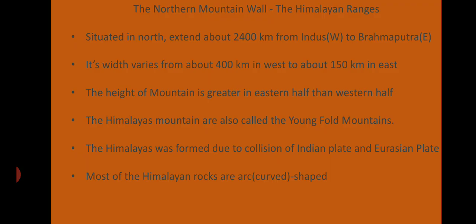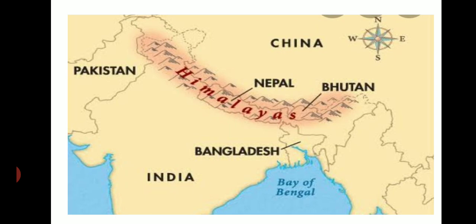Now, first of all, some basic features of Himalaya. Himalaya is well known as the northern mountain wall, and it is situated towards the north of our country. As you can see here, this is the north part of India, and here it is situated.